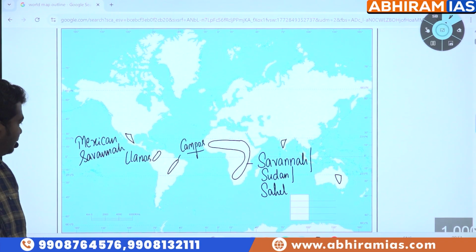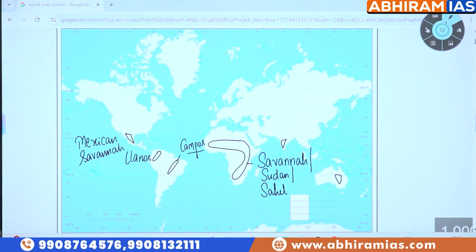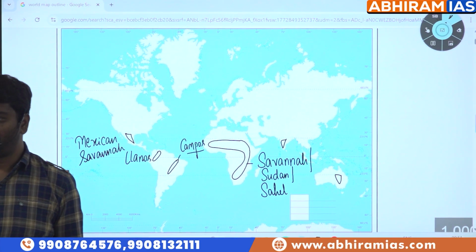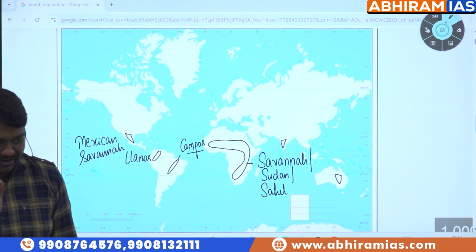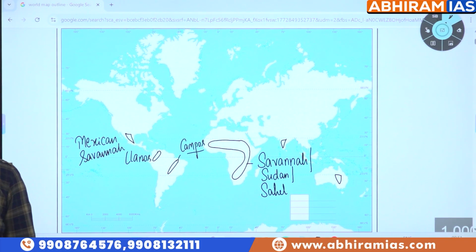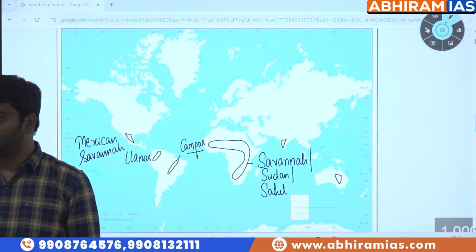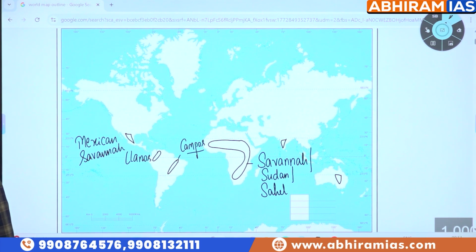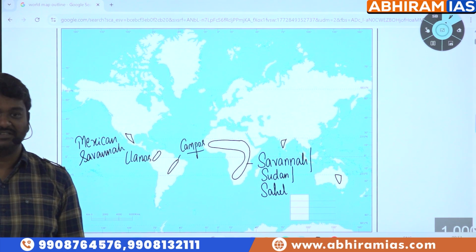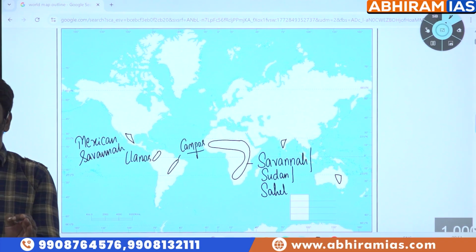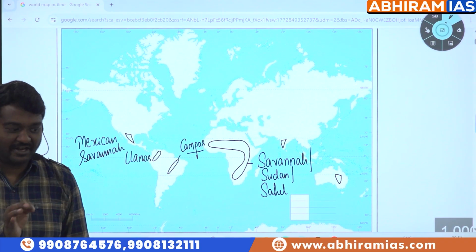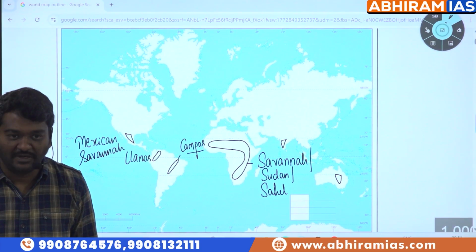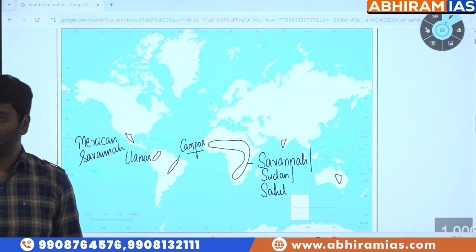Next point. This word, if you see, it is grassland. Definite wet and dry season. That means they clearly differentiate when you get rainfall and when you don't. If this word comes, it is tropical grasslands.